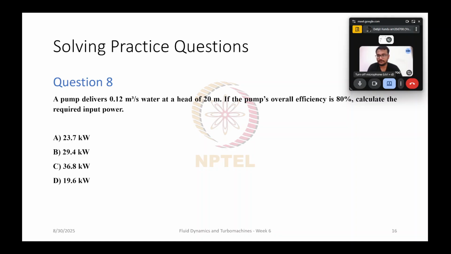Is it option A 23.7 kilowatts, option B 29.4 kilowatts, or is it option C 36.8 kilowatts, or is it option D 19.6 kilowatts? Sorry. So take your time, do the math. It's a little bit of it, but do it carefully. And once you have figured out the solution, you can either type in the chat box or you can unmute and answer as well.